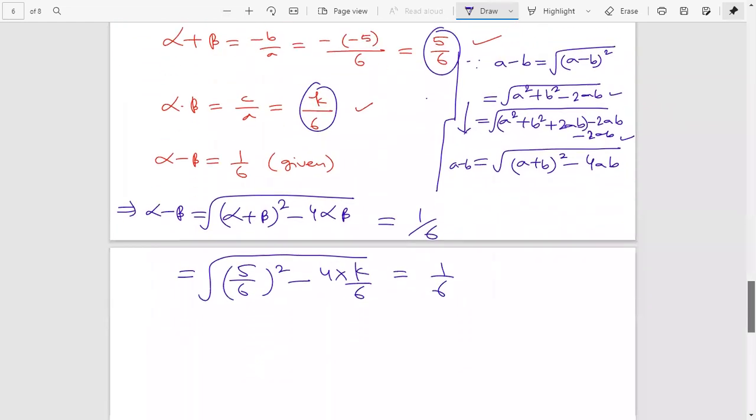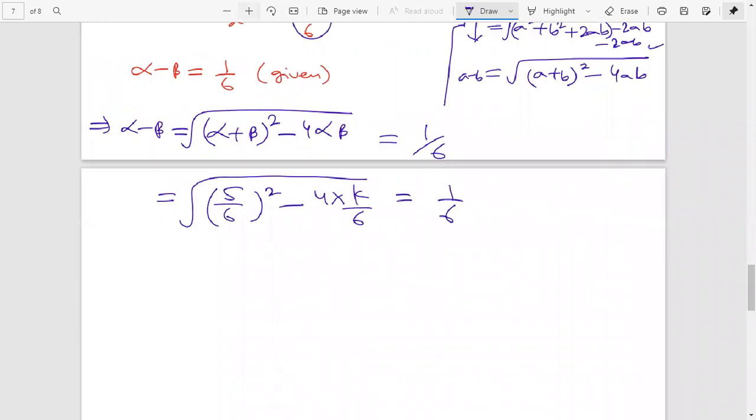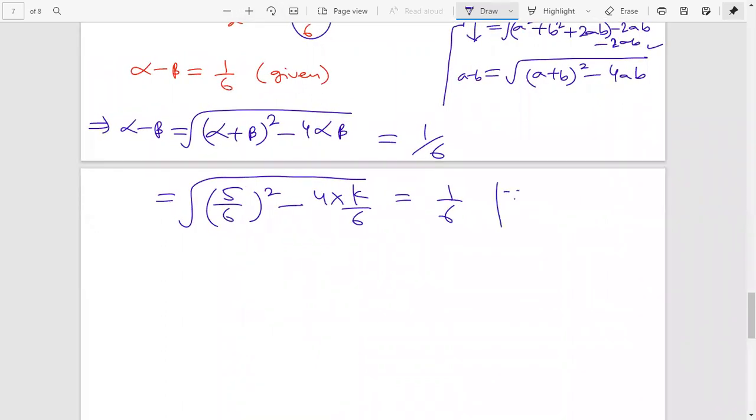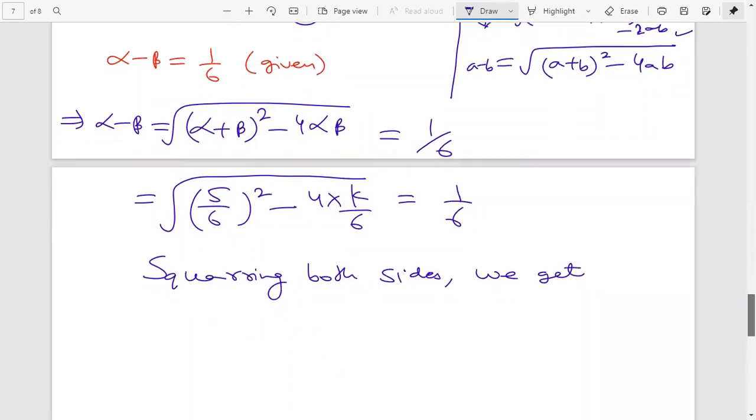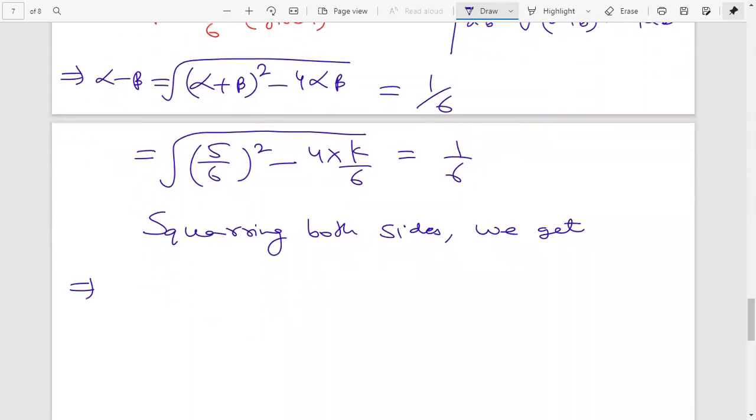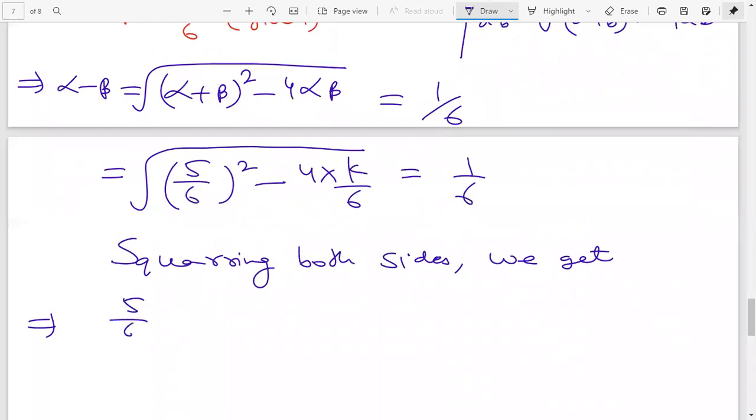Correct. Now what is the process here? We can square both sides. Squaring both sides, the root will be removed, and we get 5 by 6 whole square minus 4k by 6 equal to 1 by 6 square, that is 1 by 36.